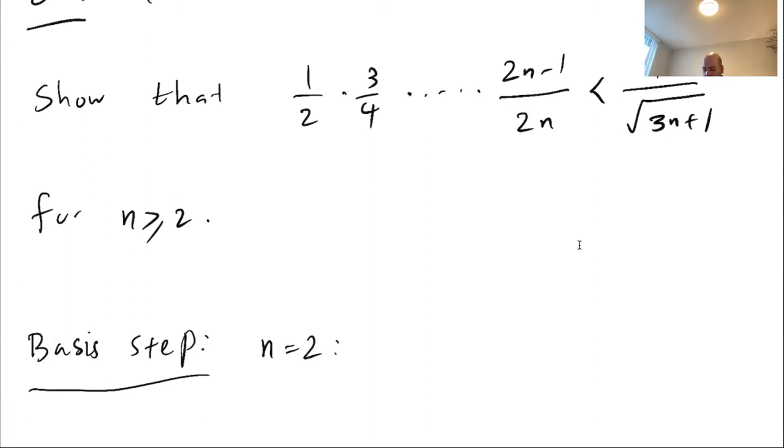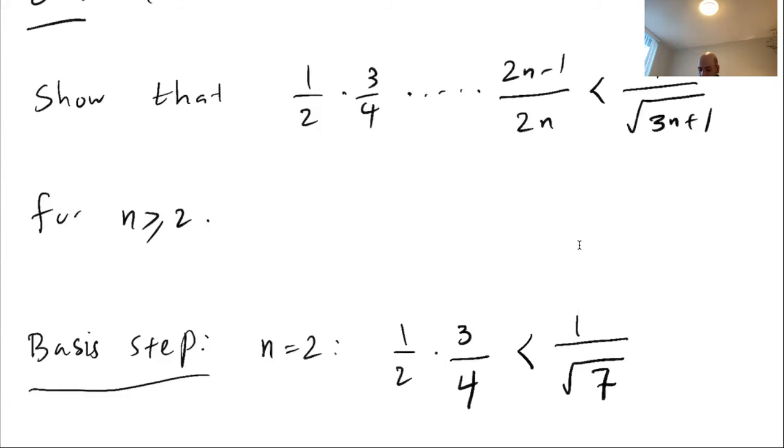Then the left-hand side, if n equals 2, is going to be 1 over 2 times 3 over 4. And I have to show that this is less than 1 over root 7.